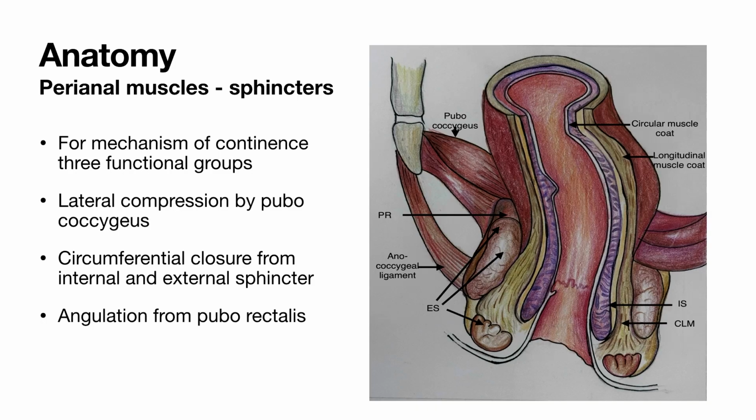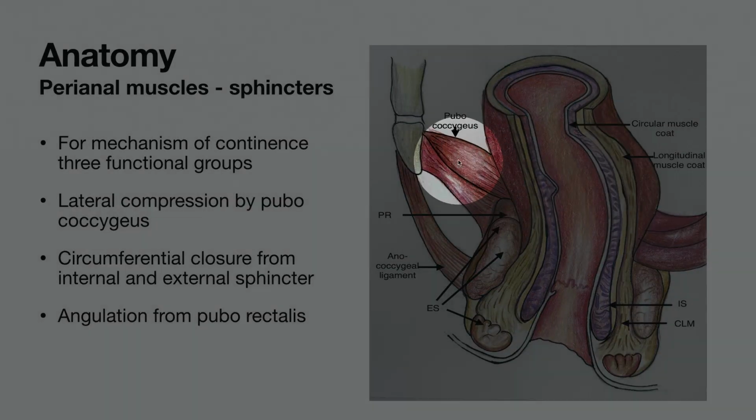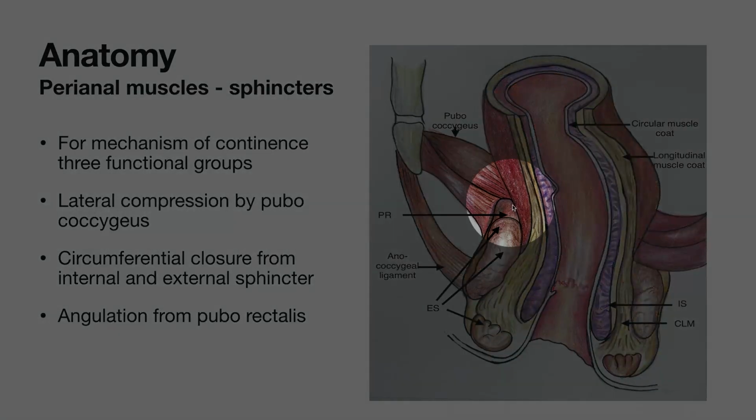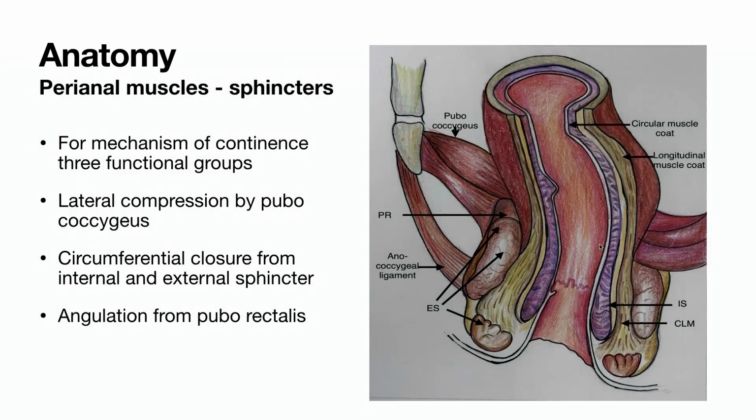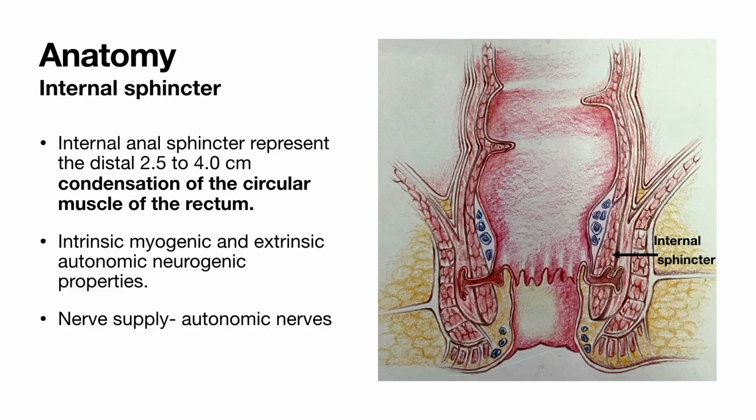If you see the anatomy of the perineal muscles and sphincters for the mechanism of continence, the lateral compression is by the pubococcygeus muscle, as you can see here, and the circumferential closure is by the external and the internal sphincters. Angulation is by the puborectalis, and one by one we will study the anatomy of these sphincters. The internal sphincter represents the distal 2 to 0.4 centimeter condensation of the circular muscles of the rectum.